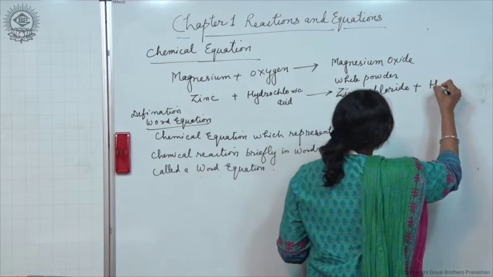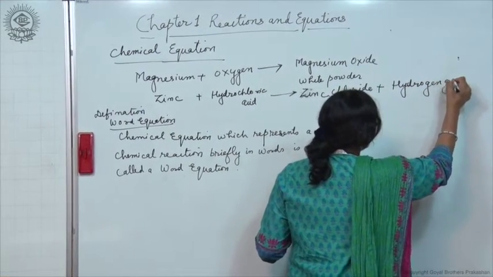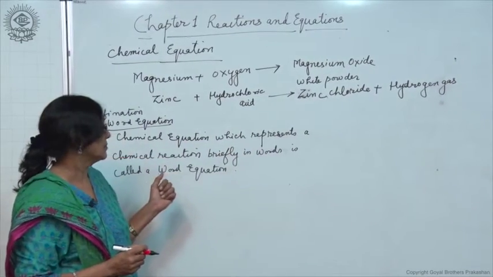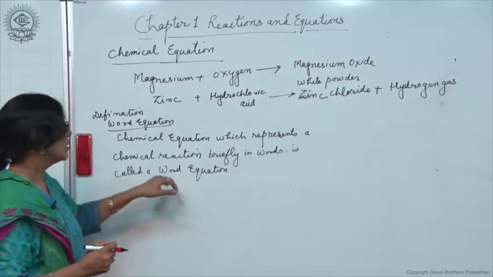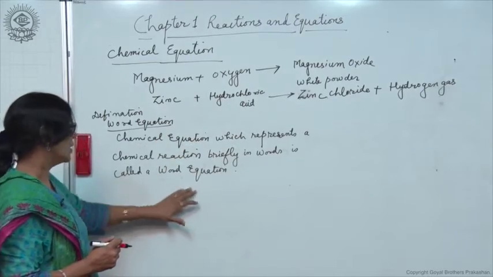Which gas? Hydrogen gas, which is evolved, which we tested with the help of a burning matchstick. So, when the chemical reaction is represented with the help of words, it is called a word equation.